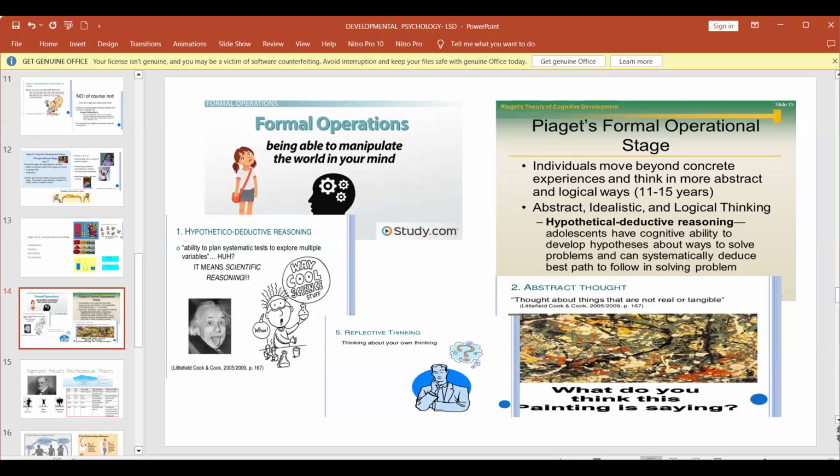So now you look at this picture. What do you think this painting is saying? Based on your abstract thinking ability, critical thinking ability, imagination, student A might see it depicts autumn. Some other student might say it depicts pollution.